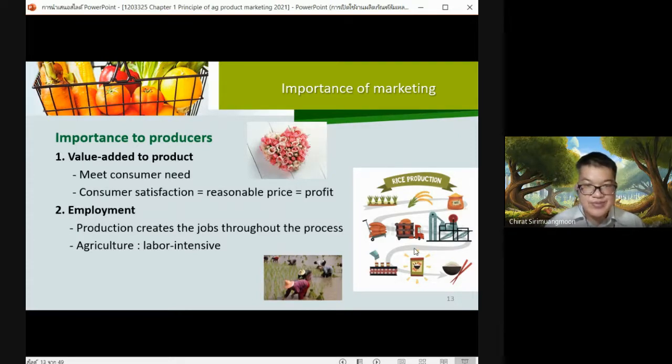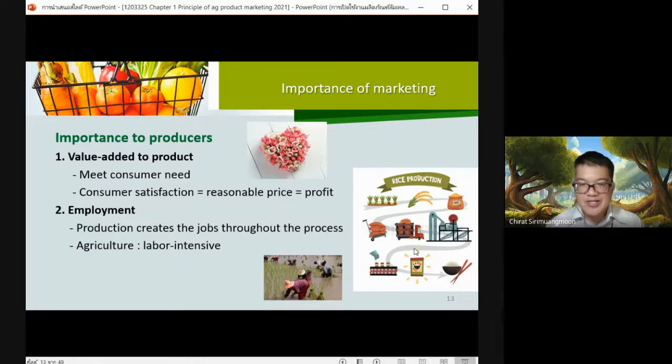The next one, marketing is also the key driver for employment. Think about if the market needs a lot of rice, for example, specifically premium rice. Then what will happen?